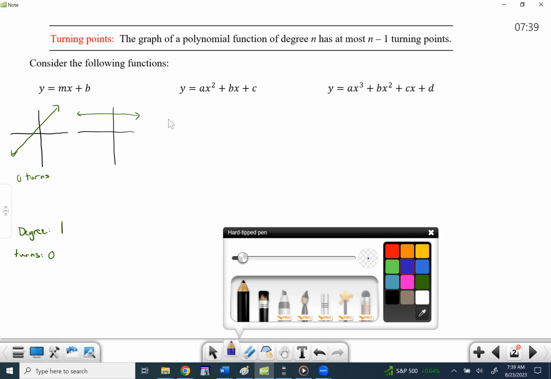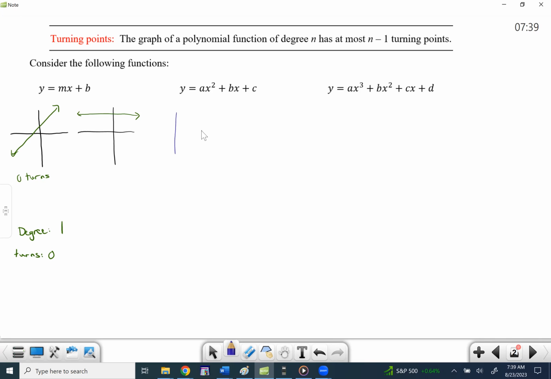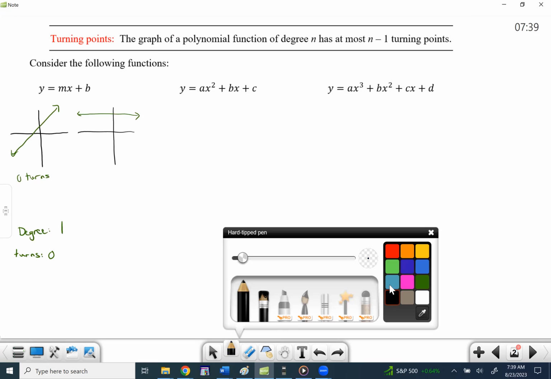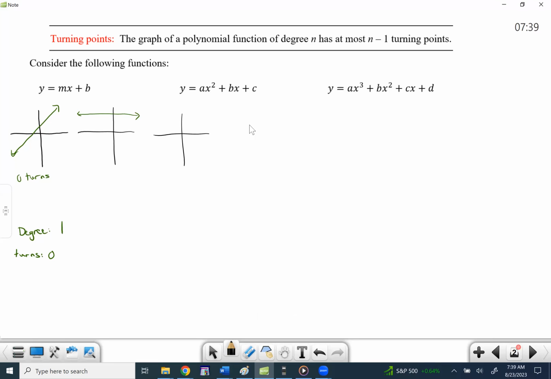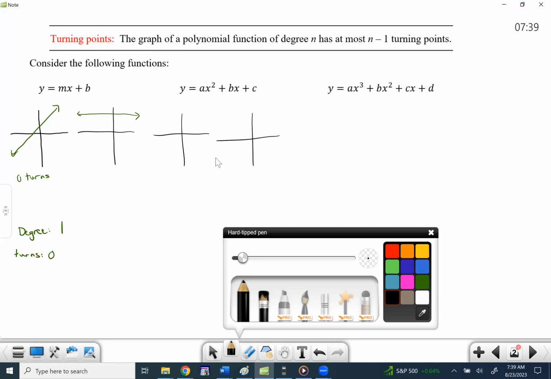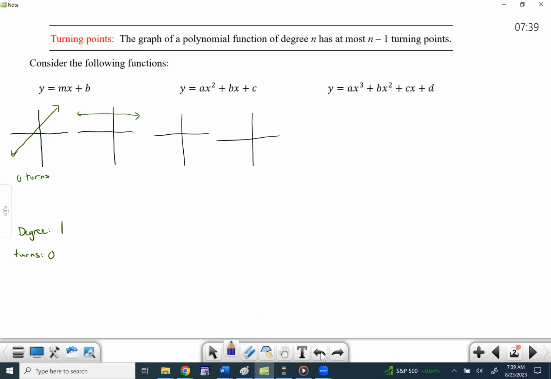Okay, let me give you a couple of pictures for that. Okay, so degree 2 polynomials, quadratics, are parabolas, right? So maybe your standard x squared, maybe some downward facing parabola. Okay.